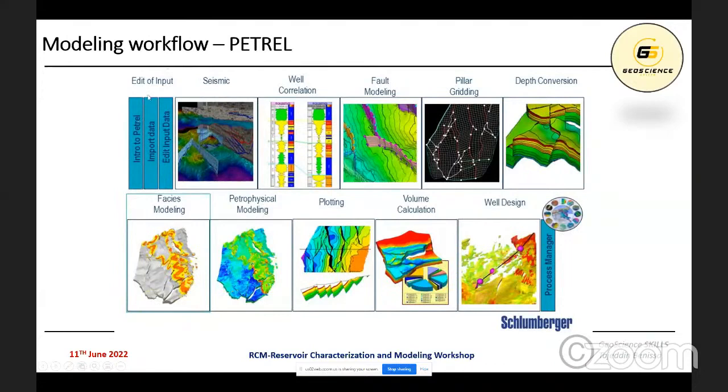In this part, you put in and edit the input data. All available data must be, as we said previously, QC'd and validated before uploading to modeling software such as Petrel, RMS or any other software.